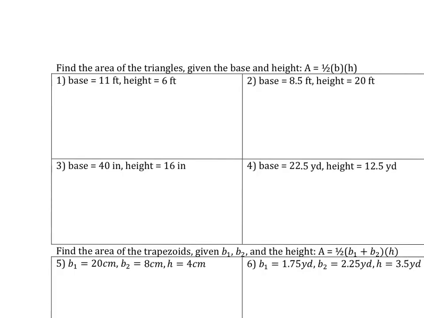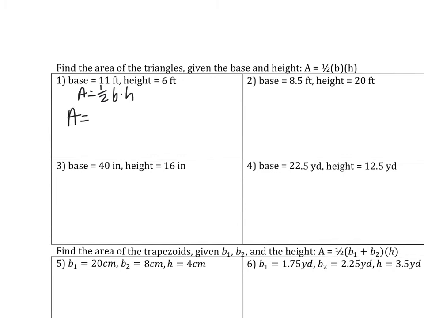Let's do some examples. Number one, we need to find the area of the triangles given the base and the height. And remember, our formula of a triangle is base times height cut in half, half base times height. So our first, number one, we need to find the area of that triangle. The first thing I'm going to do is write down my equation, which is area equals half base times height.